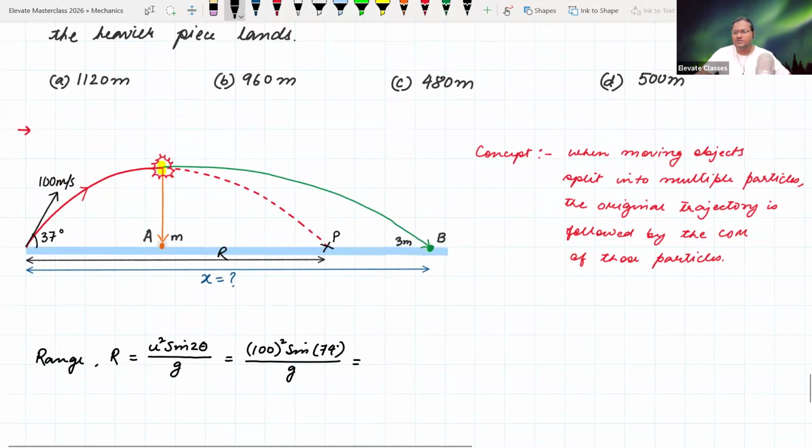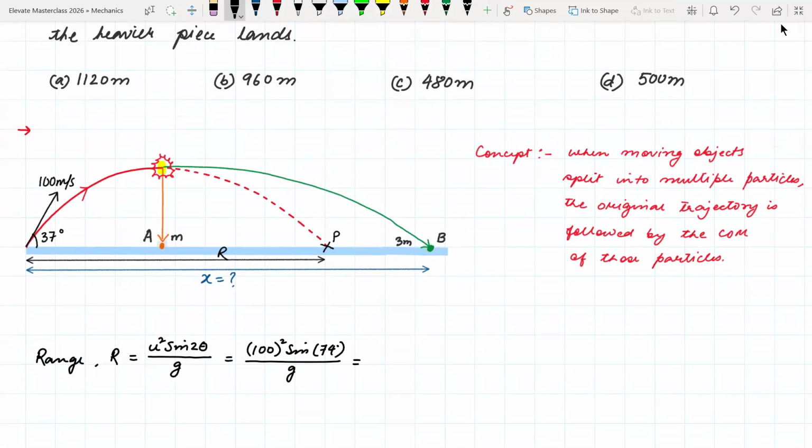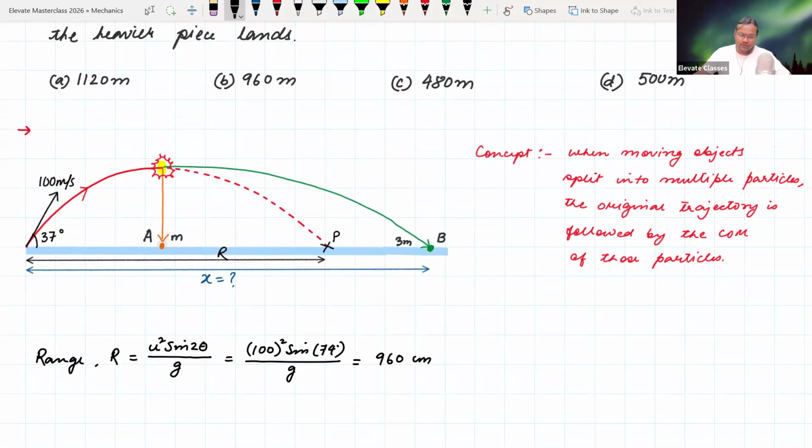What is the answer to this? 24/5 into 10 to the power cube. फाइनल आंसर कितना आता है? सर 961.28. 960 लिख देते हैं अप्रॉक्स क्योंकि 961.28.